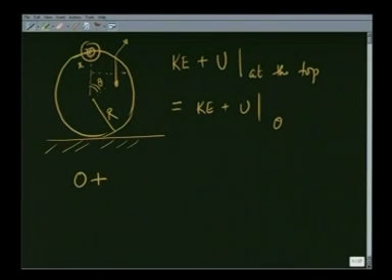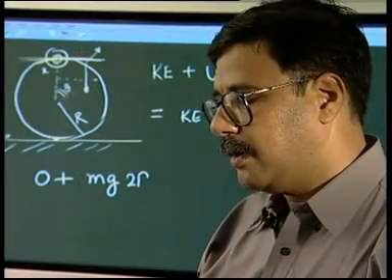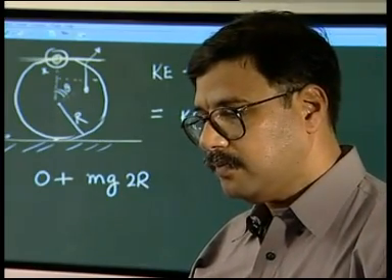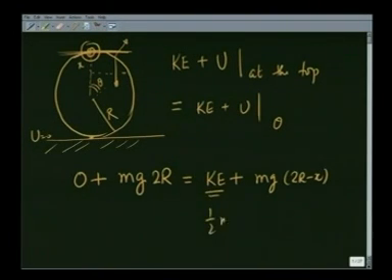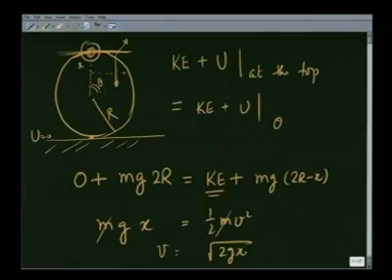Let me take the U to be 0 here at the ground, so that at the top it is going to be m g times 2r, if the mass of the bead is m, and this should be equal to KE at theta or this distance x plus U at this point, which is going to be m g (2r minus x), and that gives me KE at this point, 1/2 m v square, is equal to m g x, or v equals square root of 2 g x, a well known result.